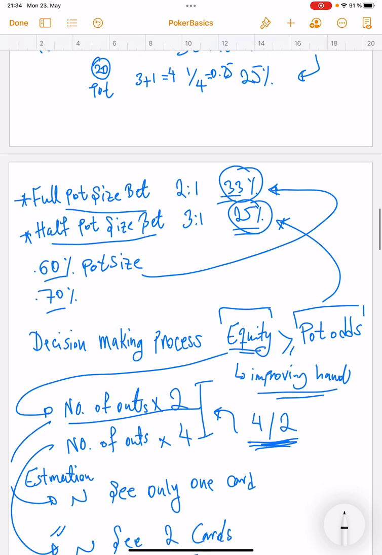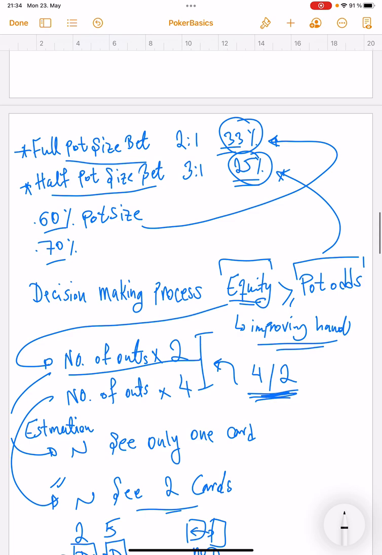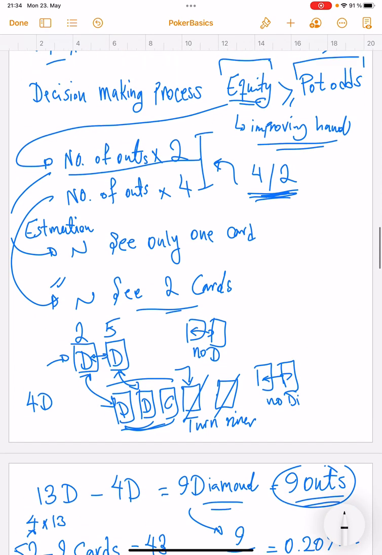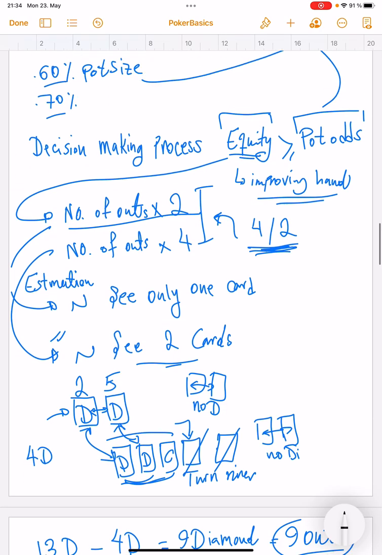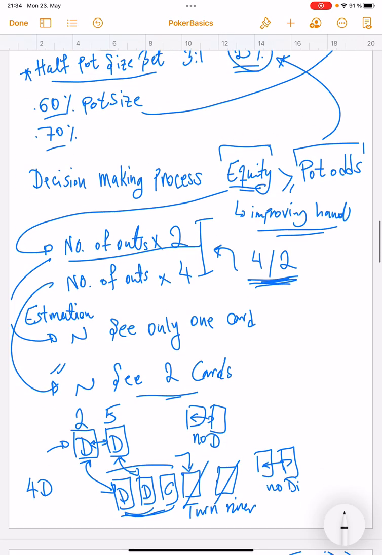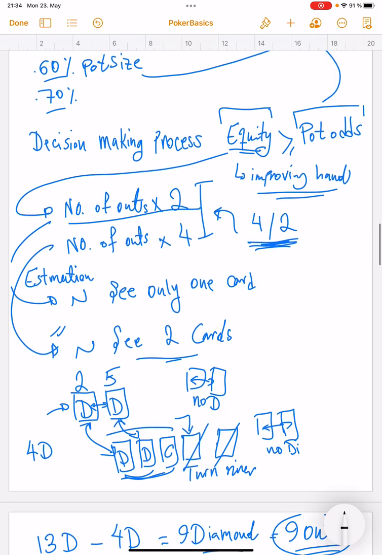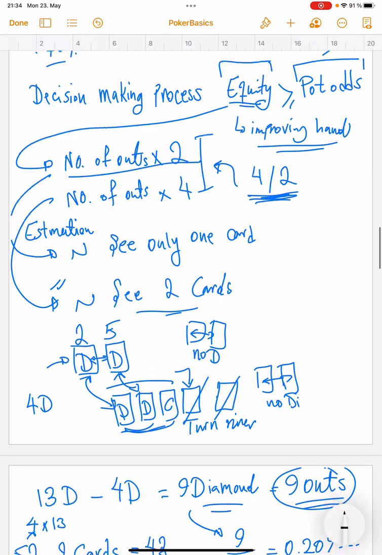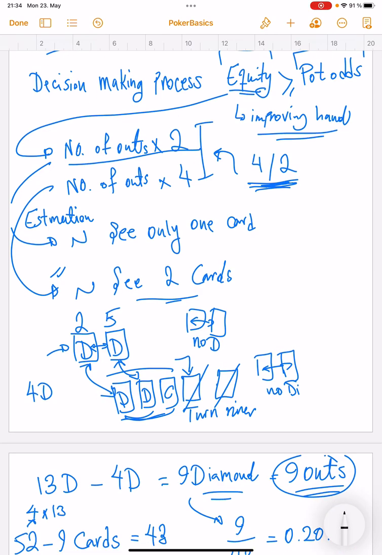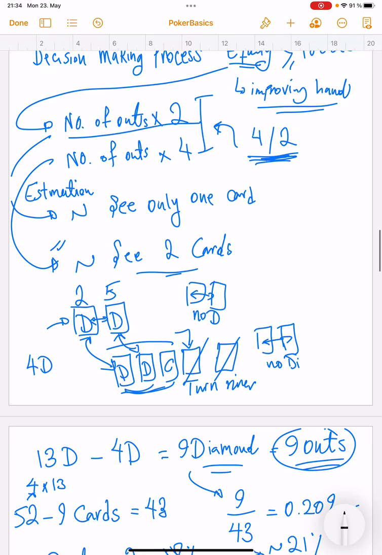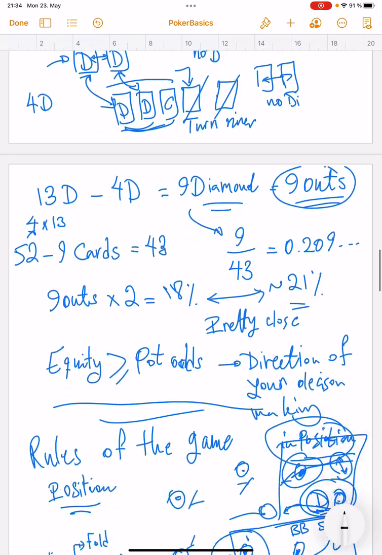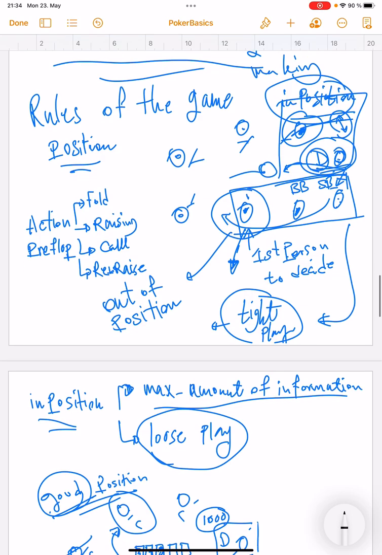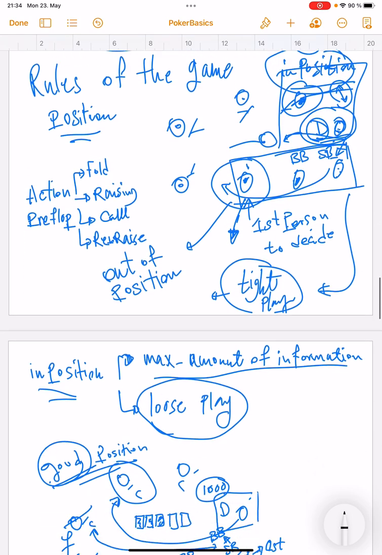These two percentages should be completely written in your mind, so that immediately once you hear it, you understand that these percentages are going to be applied. Then for calculation of equity, we gave this 4-2 rule: the number of outs multiplied by 2 if you are allowed to see only one more card, and multiplied by 4 if you're allowed to see 2 more cards. We talked about outs as well: flush draws, straight draws, gut shots, and so on.